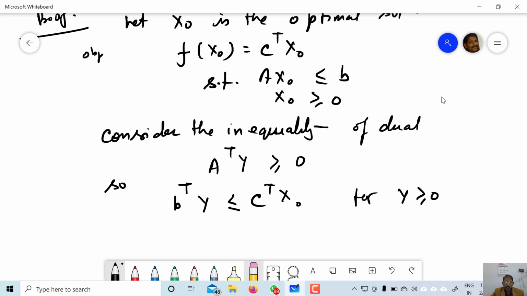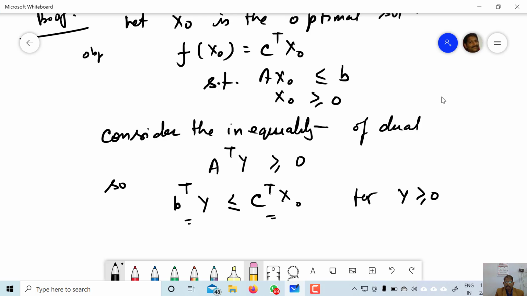Its value must be less than or equal to this value, because x0 is the optimal solution, so its value must be larger than the dual of the same problem, because the dual and its primal have the same kind of solution.